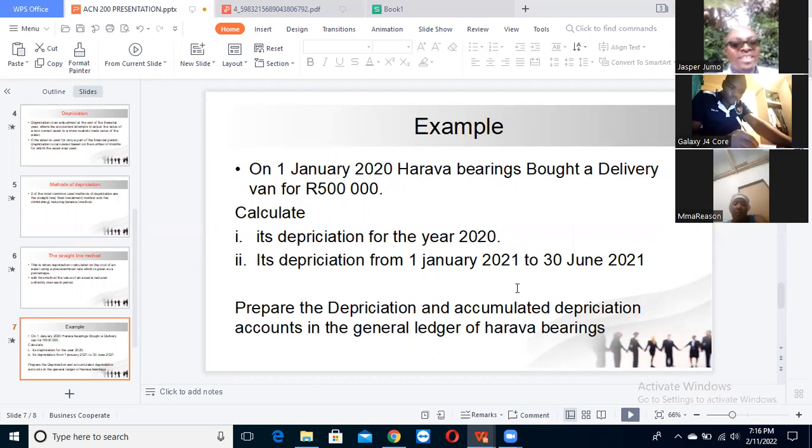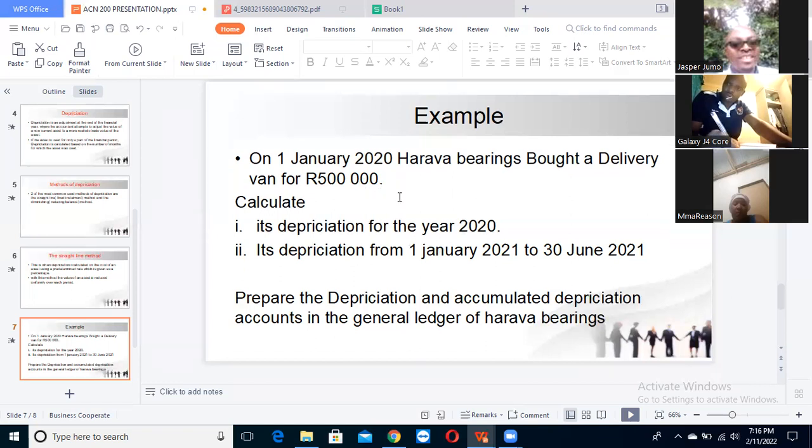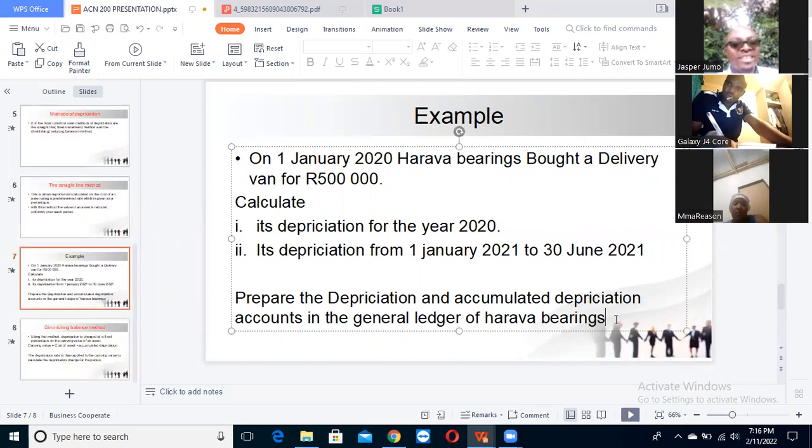So the first thing that we do is to calculate the percentage, or to apply the percentage. I'm just realizing that the percentage has not been given in this question.